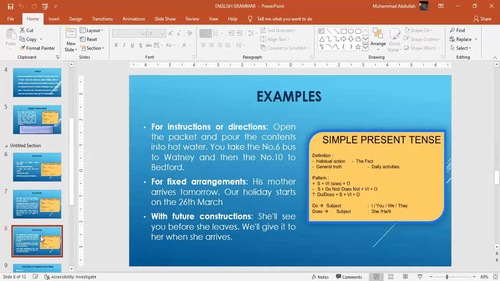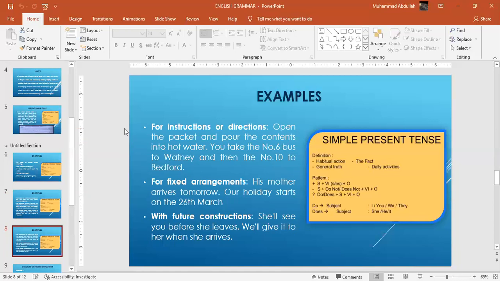Next type of action included in present simple tense is instructions or directions. For example, open the packet and pour the contents into hot water. The word open is the present form and pour is the present form, right? So present simple tense is used here for the sake of giving instructions.